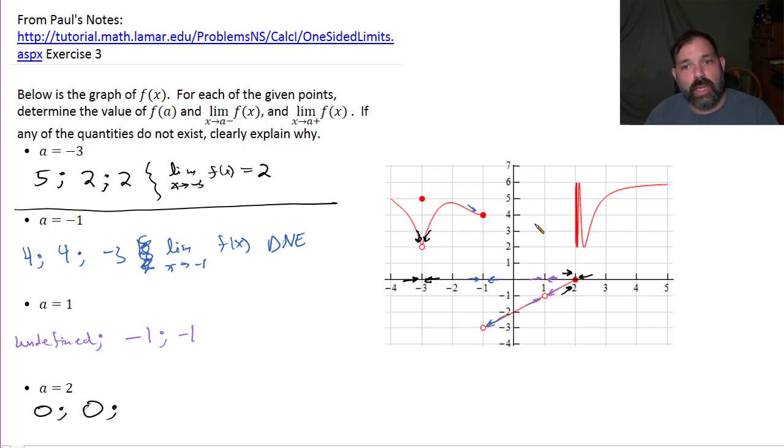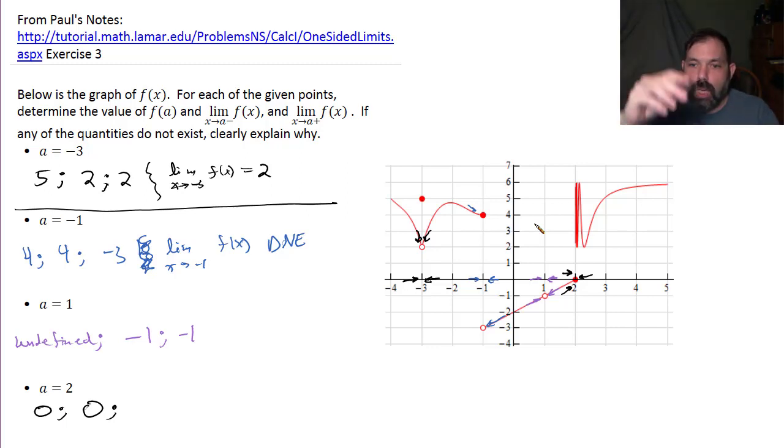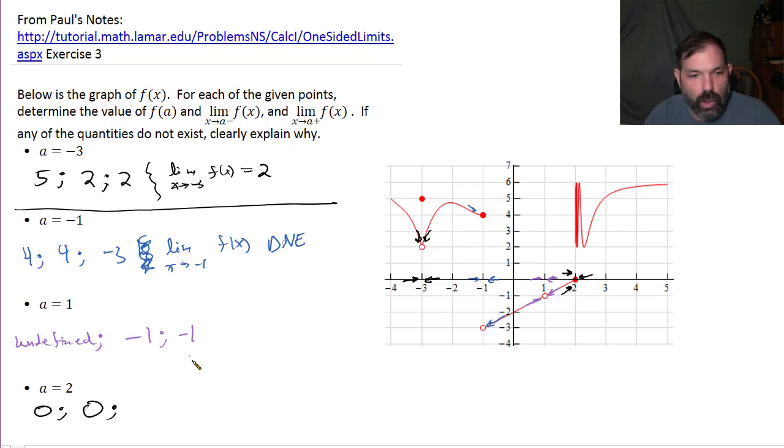What it looks like to me is that the values are oscillating repeatedly as x is approaching 2. It keeps moving up and down. And so I would say that the right limit, I'm going to be careful with the notation here, I'll go ahead and write it out. The limit with x approaching 2 from the right of this function does not exist. All right, when we see that oscillating form like that, we cannot define the limit.